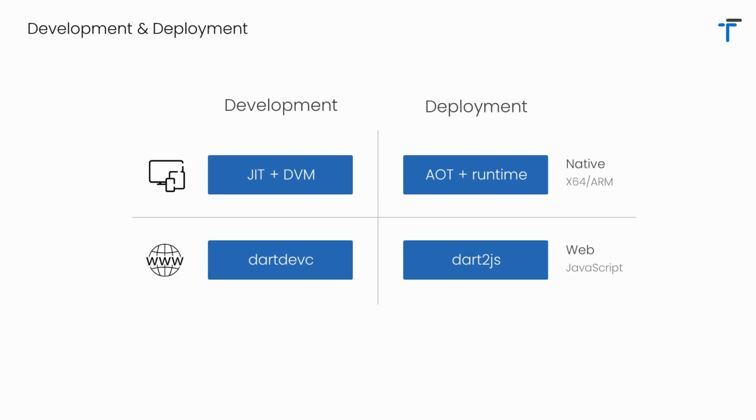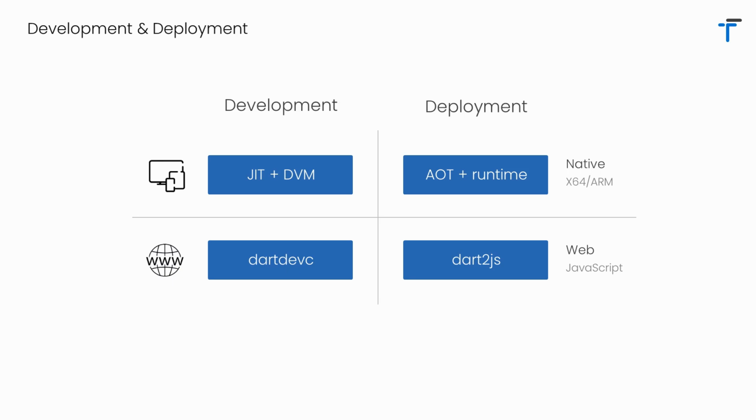You might have a question, why does Dart have these two different compilation techniques for development and for deployment? The answer is very simple. As a software developer, while developing application, I feel that there should be a fast development cycle and I should have a facility like dynamic compilation. On the other hand, the end user wants the application to start as quickly as possible so that it should have fast startup time, and your app must be optimized for the size and for the performance.